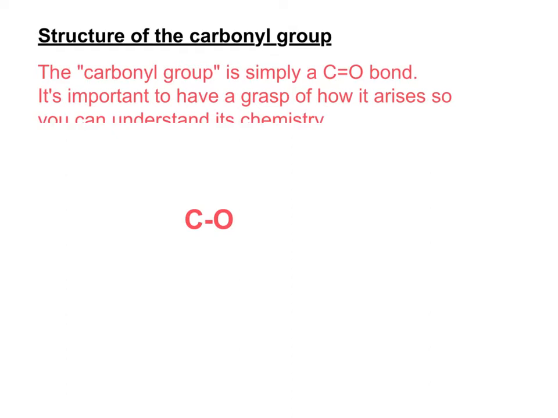So you'll see that I've drawn the carbon bonded to the oxygen with a single bond. That's because we're trying to get a grip on how the double bond actually arises. So if we draw in the orbitals, the p orbitals for carbon and for oxygen, so these are both p orbitals. It's important to also remember that the single bond between the carbon and the oxygen will also be comprised of orbitals.